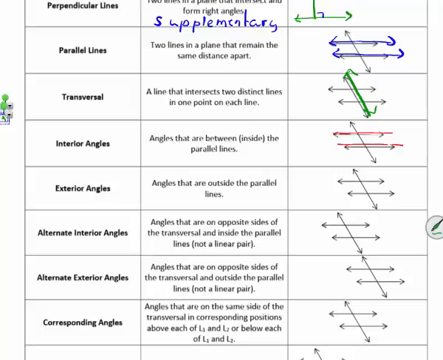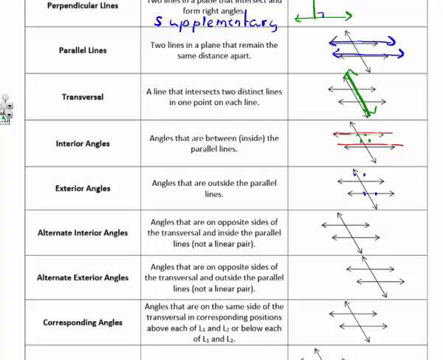So I have an interior angle here, here, here, and here. Those are your interior angles. They're inside. Exterior angles are angles that are outside the parallel lines. So those are going to be here, here, here, here.